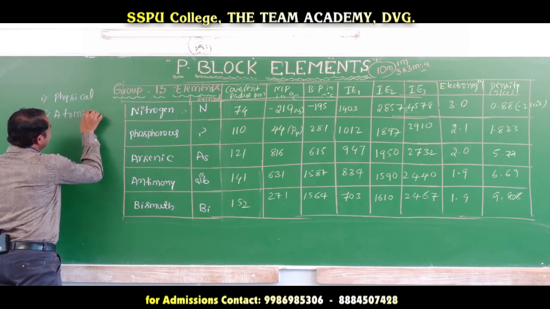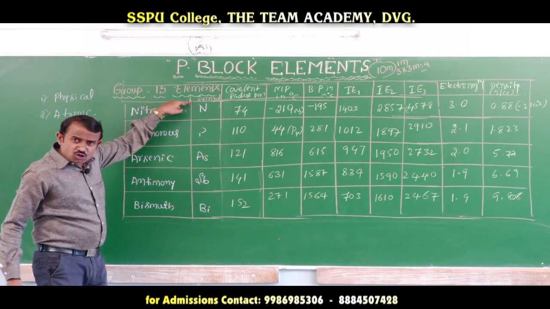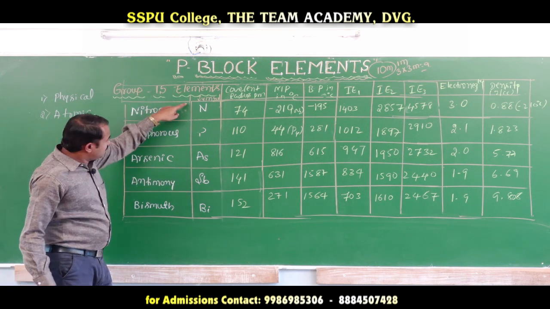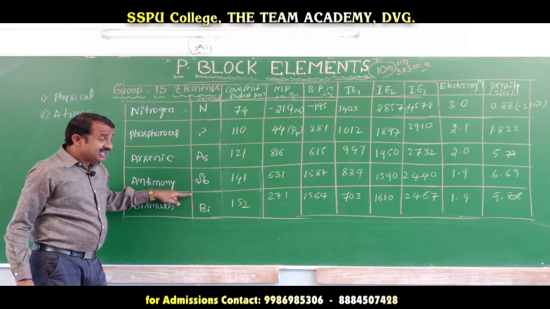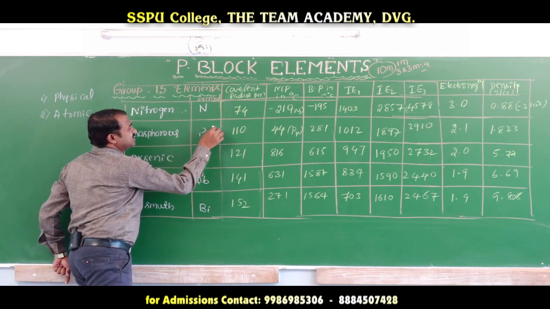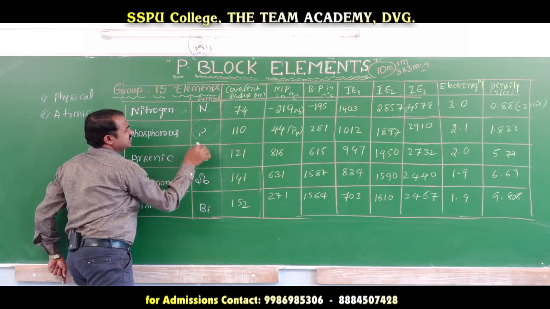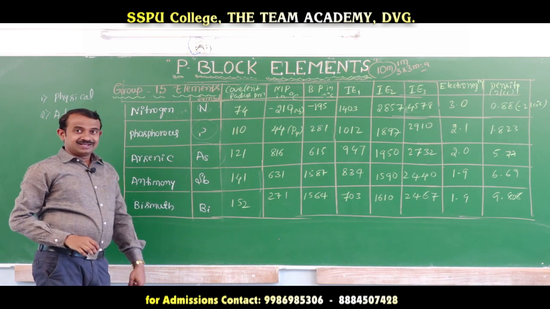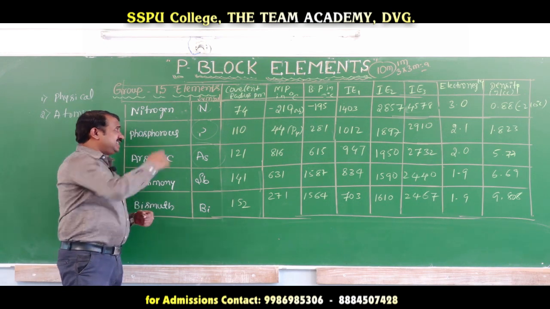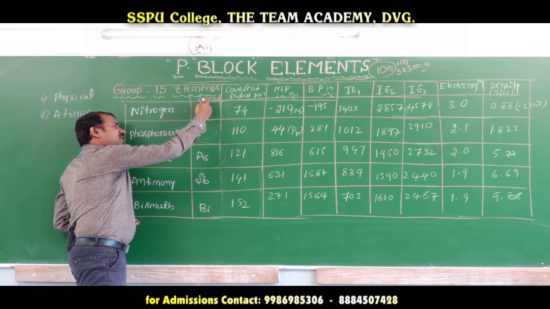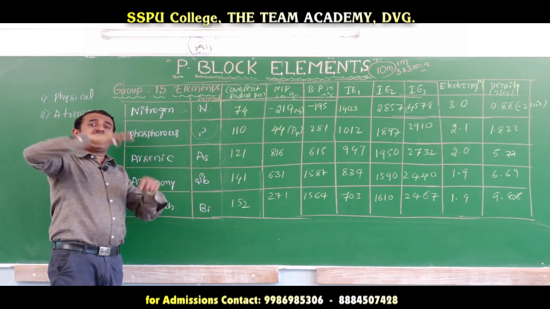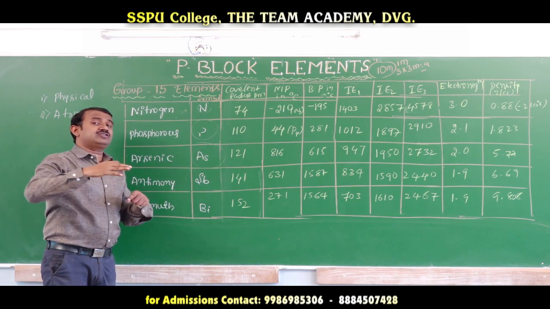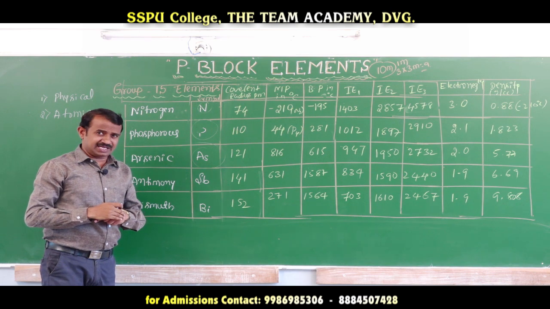Atomic size increases going downwards. From nitrogen to phosphorus it is high compared to the s and p orbital character.